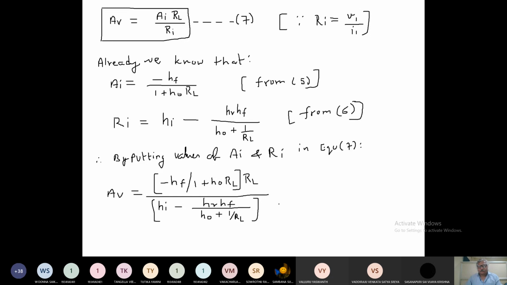So now this voltage gain, numerator will keep the numerator as it is, minus HF by 1 plus H naught RL.